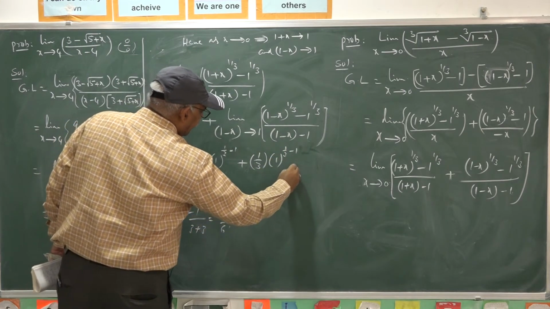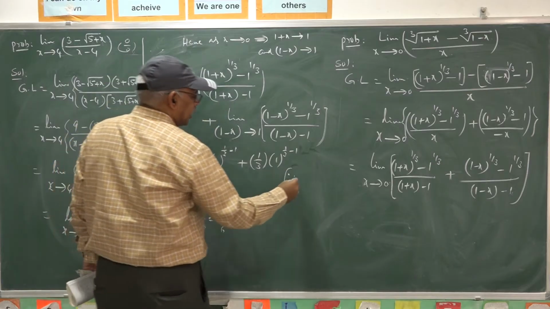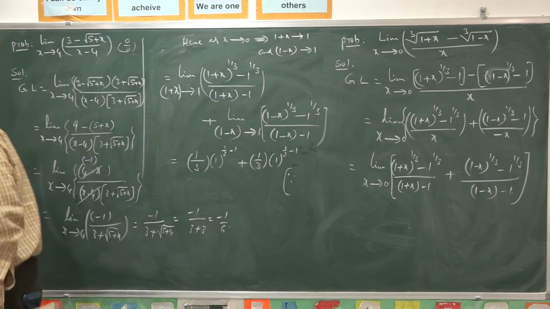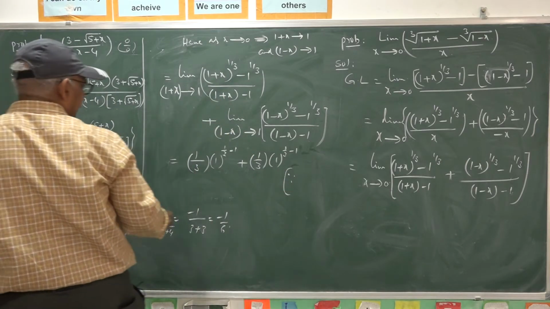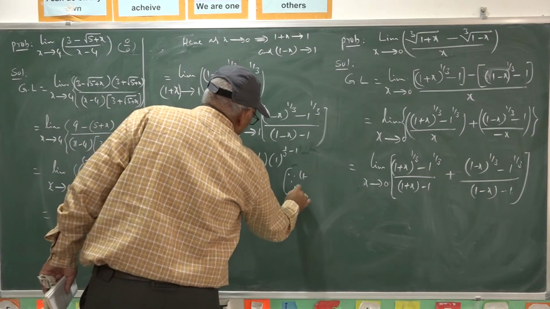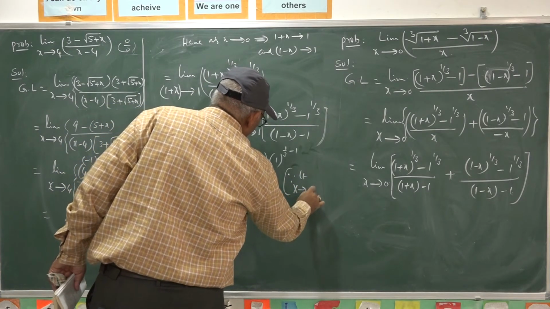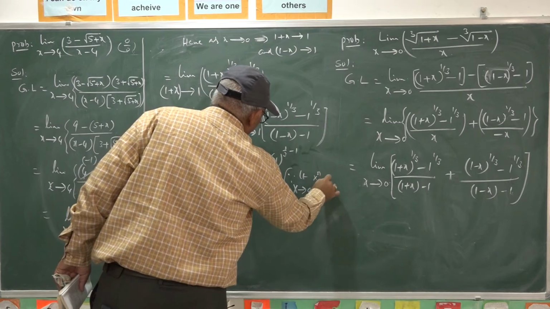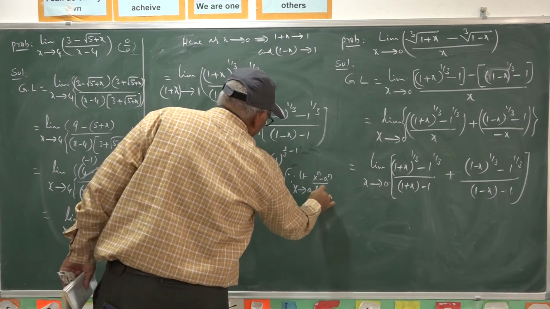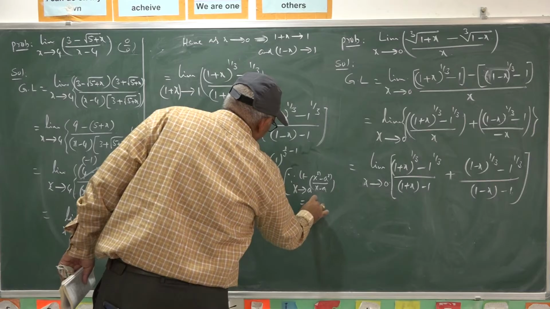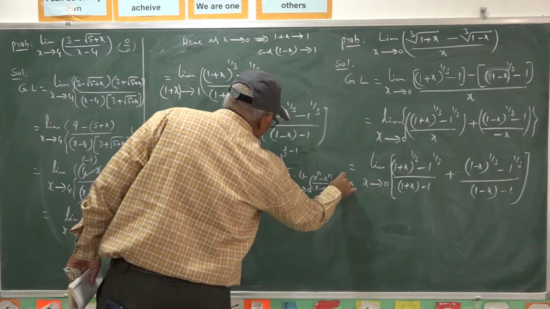Since the limit as capital X goes to a, X power n minus a power n by X minus a, is n into a power n minus 1.